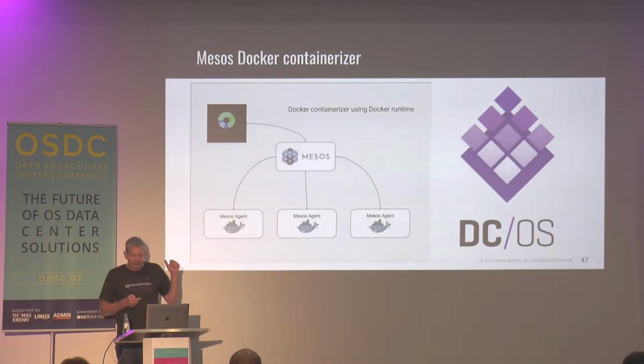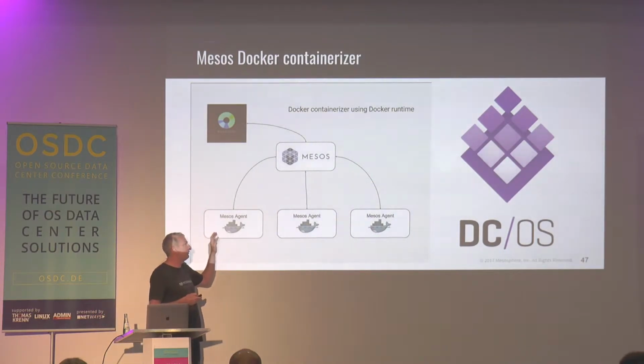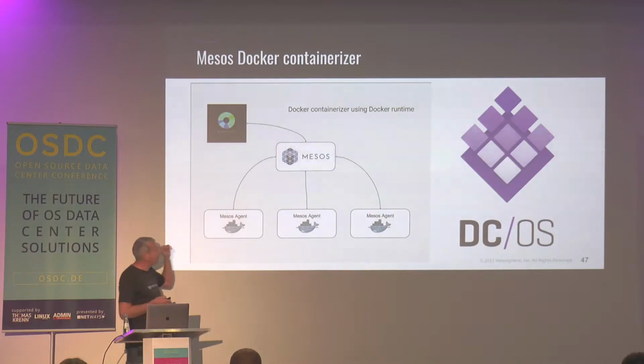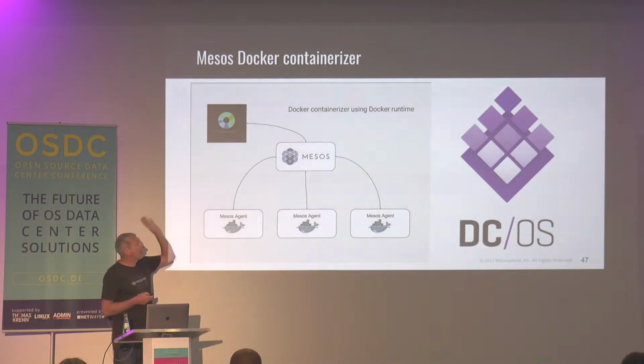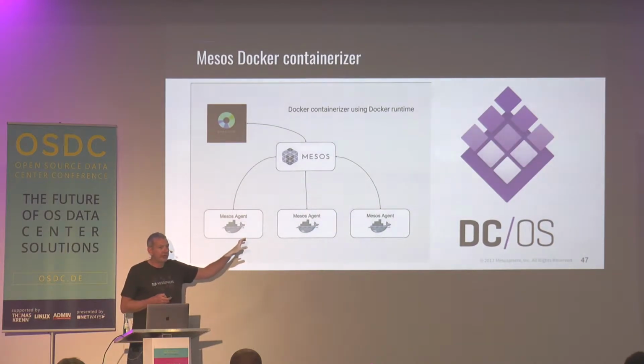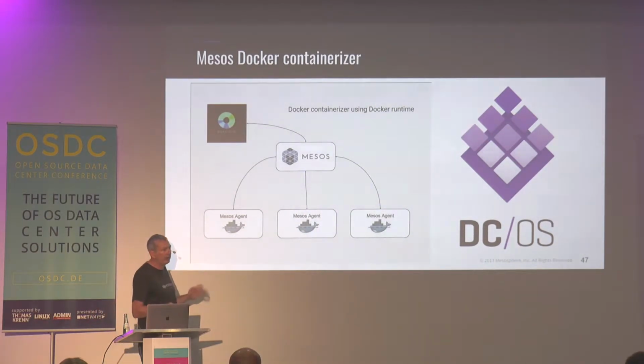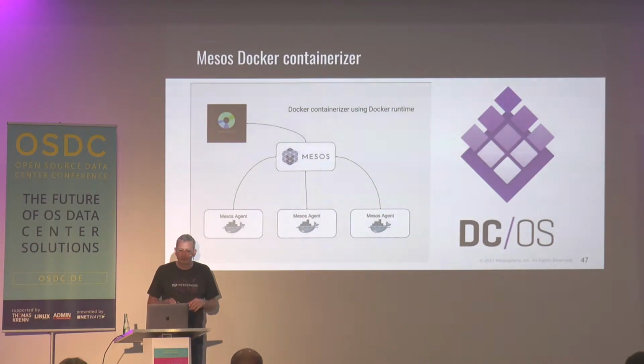The first way that you can run Docker containers is using the Docker containerizer, which effectively runs Docker natively on each of the agents. So when something like Marathon wants to run a Docker container, it will hand that straight over to the Docker runtime, and the Docker runtime will handle all the stuff about actually running those containers.